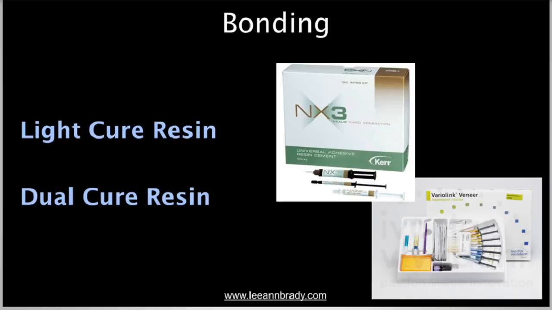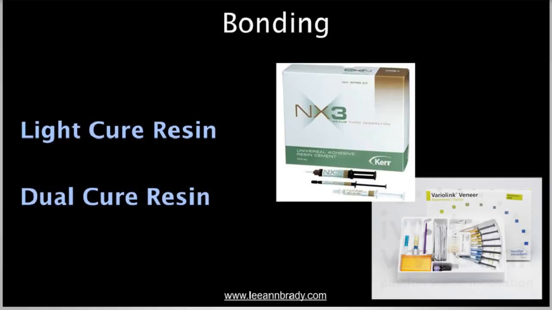Dual cure materials I typically think about using in the posterior part of the mouth because that's a place where it's hard to dependably get light through a restoration. So I want dual cure chemistry so that I know even if I light cure it, I'm going to get full polymerization at the depth of that restoration and tooth interface.